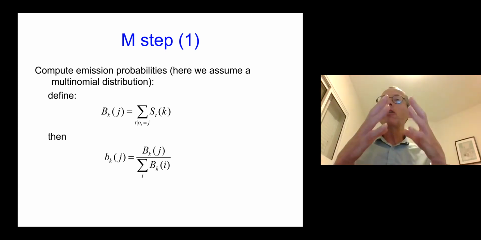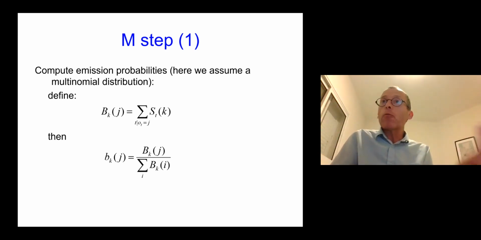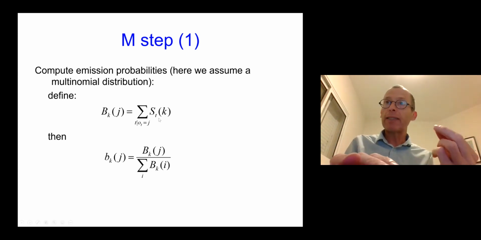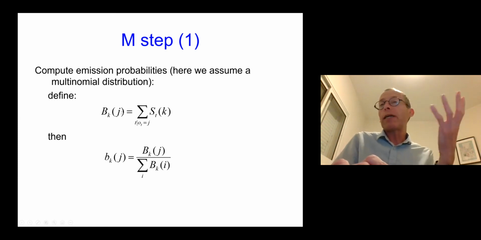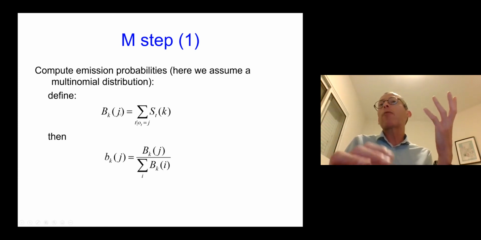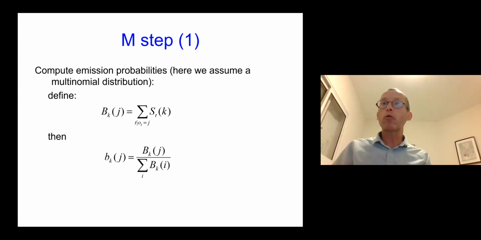We need to find all the observations in which we are at state A, but we don't know what they are, right? So we take the expected value we computed, which is S_t(k) for each state. Say I want to know the probability that if I'm in die A, I output 1.